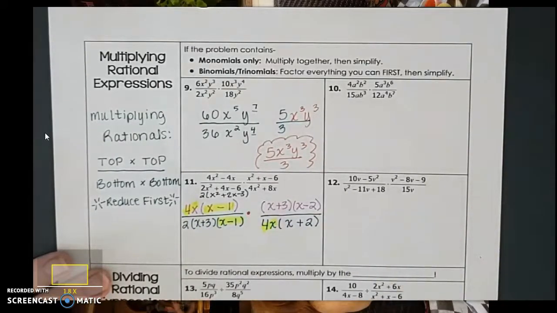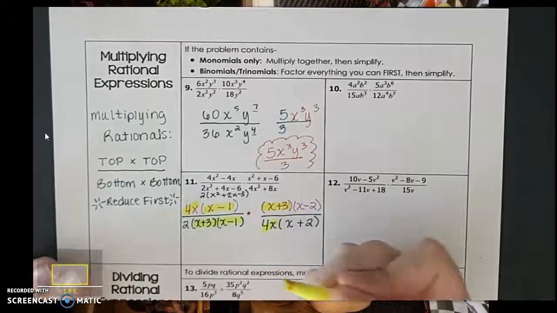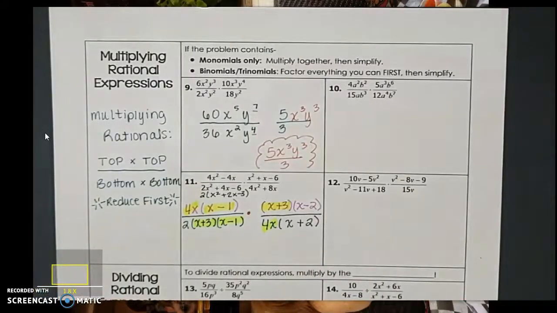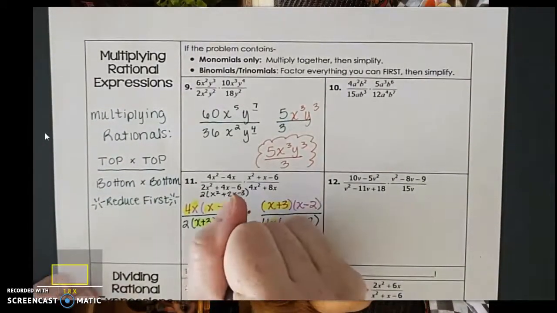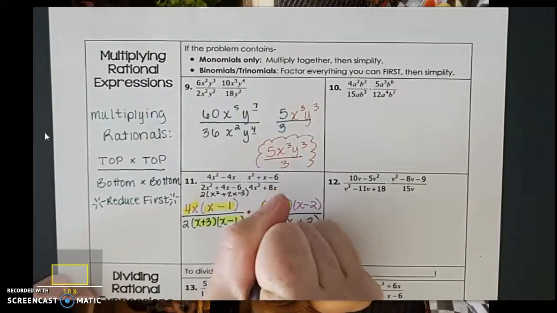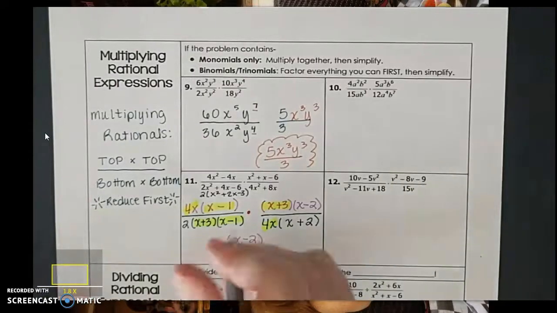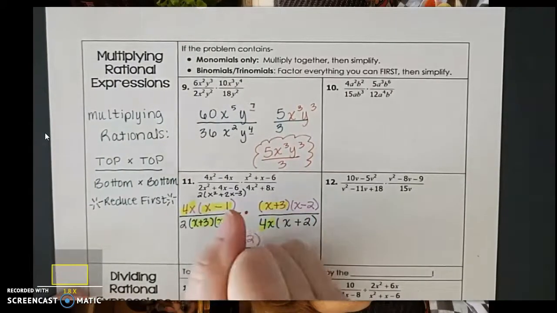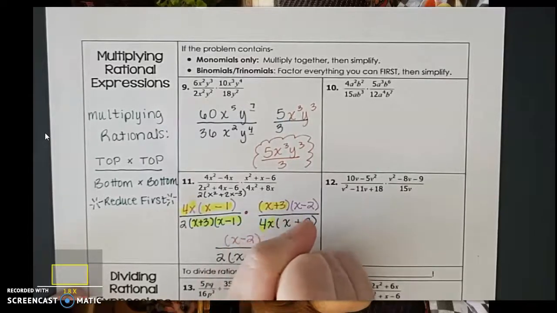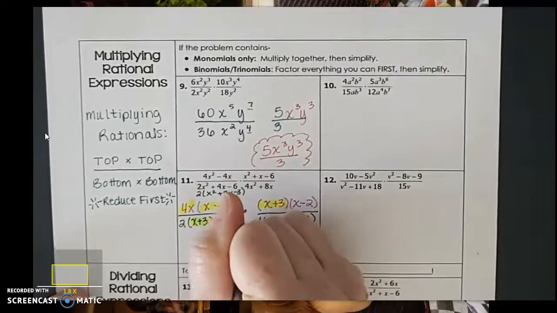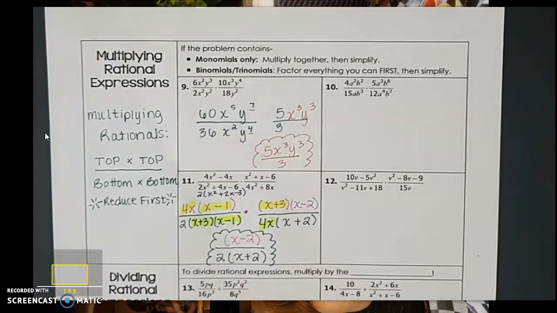I have an x plus 3 that will reduce with this x plus 3. And then what I'm left with is x minus 2 in the numerator and 2 times x plus 2 in the denominator. And this would be that rational expression multiplied and simplified.